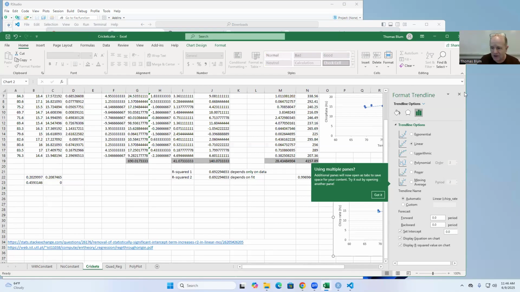So one way I was trying to go about this, to trick Excel into getting what I wanted, was that you can not only set the intercept, but you can set it to whatever you want rather than just 0. And so I was trying to set it to something small, but not 0.